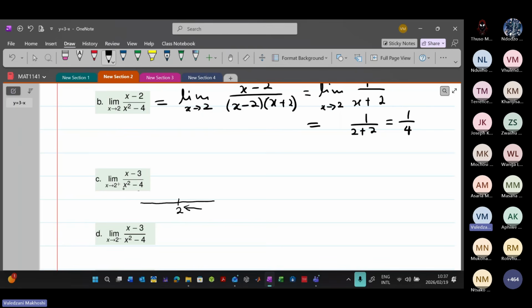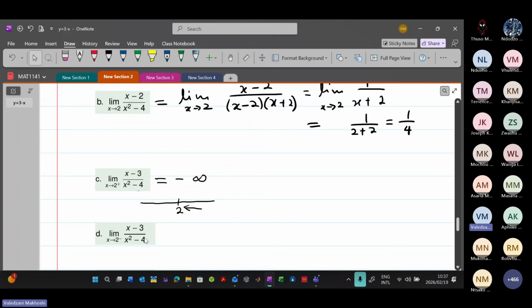Here it is a positive number. Here we have a negative number. That's why in this case we will say the limit is minus infinity, because this is giving us something which is negative, this is positive, so we have minus infinity. Maybe I will explain the reason why we're using this example a little bit later.